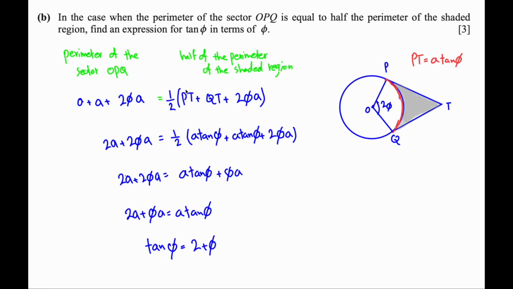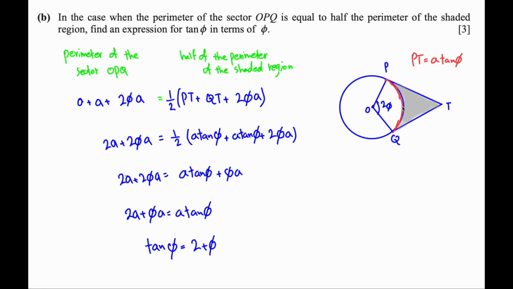And on the right hand side, I need half of the perimeter of the shaded region. Now the shaded region, I have PT plus TQ, which are basically the same because from outside any circle, you can draw 2 tangents to the circle which have the same length, and also plus the arc length PQ.